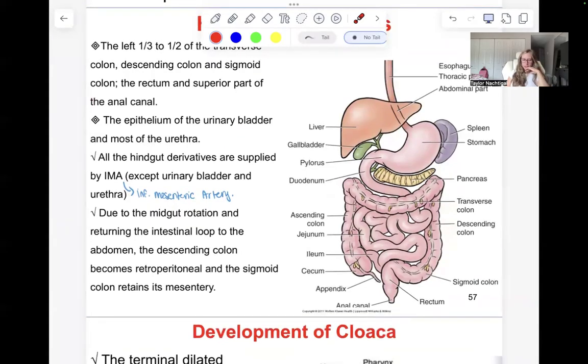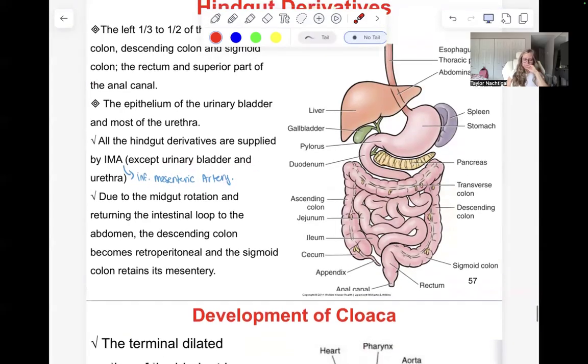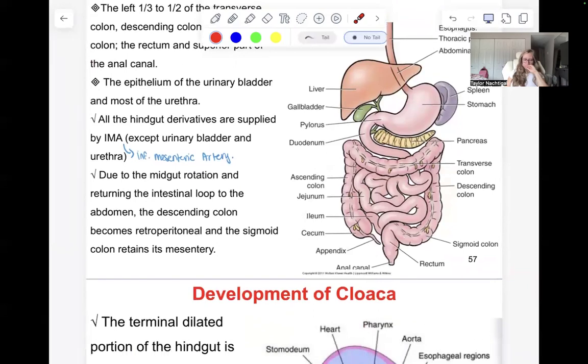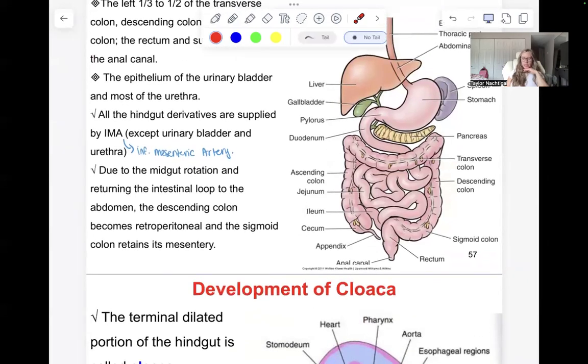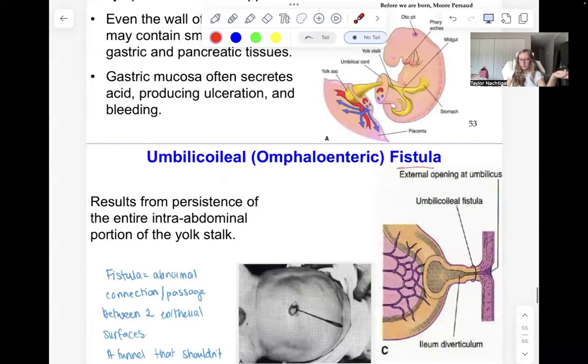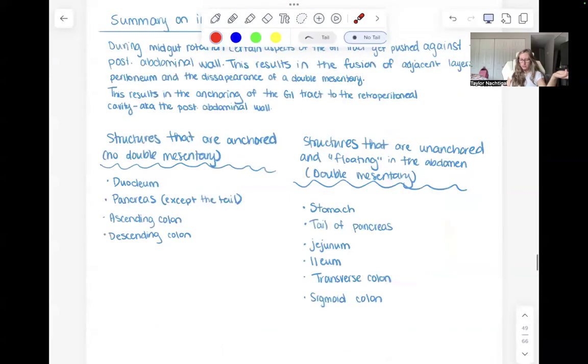And everything in this region is supplied by the inferior mesenteric artery, with the exception of the bladder and the urethra. Due to the midgut rotation and the returning of the intestinal loop into the abdomen, the descending colon becomes retroperitoneal, and the sigmoid, this region, will retain its mesentery. So this part is not retroperitoneal. I'm going to see if I have that on my list. I do, sigmoid colon.